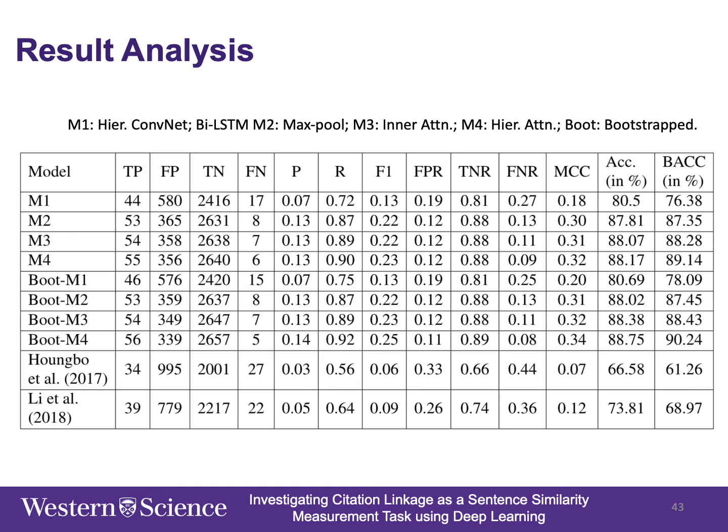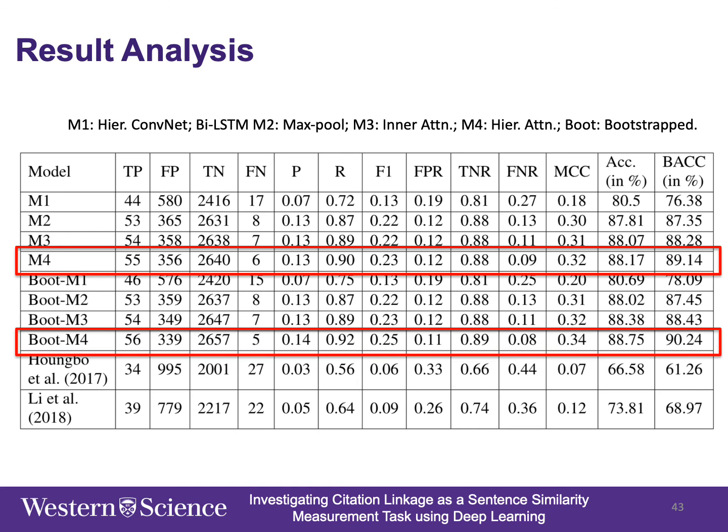Among these models, the best result was found for the InferSent with hierarchical attention, both in the case of the standalone and the bootstrapped one. And we can see that the Hospice and Liettel models' performance improved when they were trained on our synthetic corpus, so it shows the quality of our synthetic corpus.